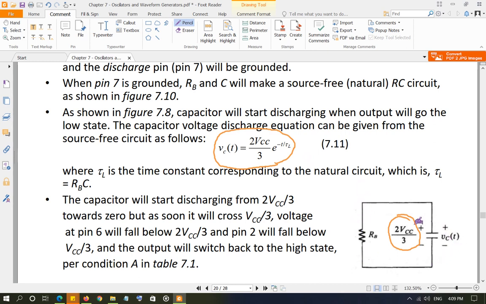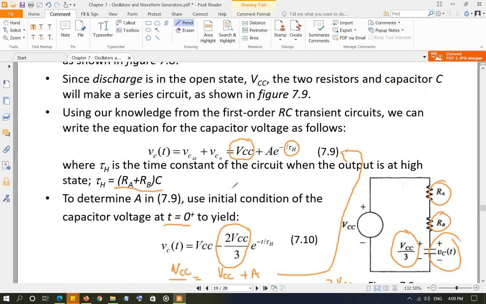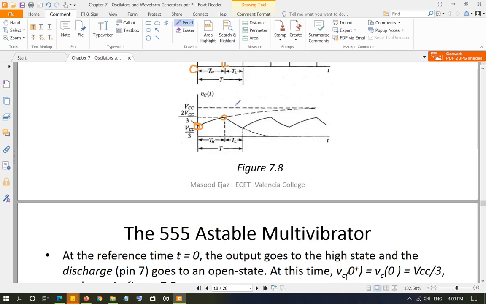This time constant is what? Capacitor C times RB, right? The initial voltage was 2 VCC by 3, so VC(t) equals 2 VCC by 3 times e to the power negative t over tau L. The capacitor will start discharging according to this equation right here.